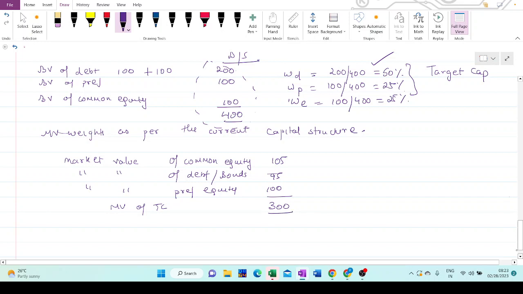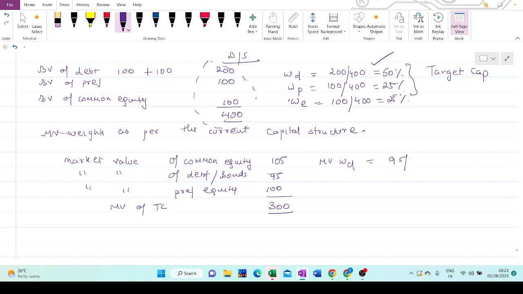Guys, now let us calculate the market value weight of debt. Please calculate. Market value weight of debt is 95 by 300. Market value weight of common equity would be 105 by 300, which is around 35%.